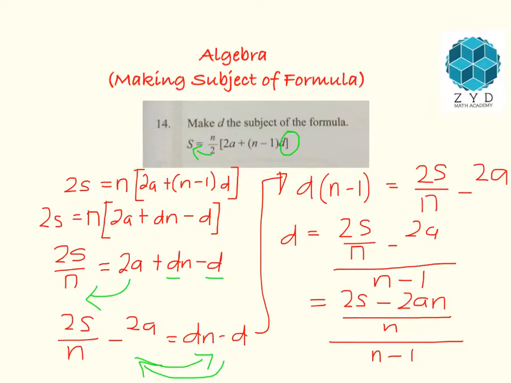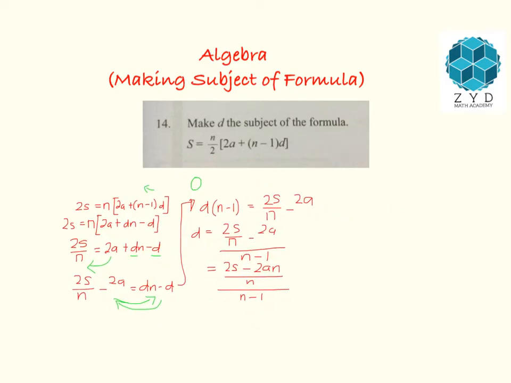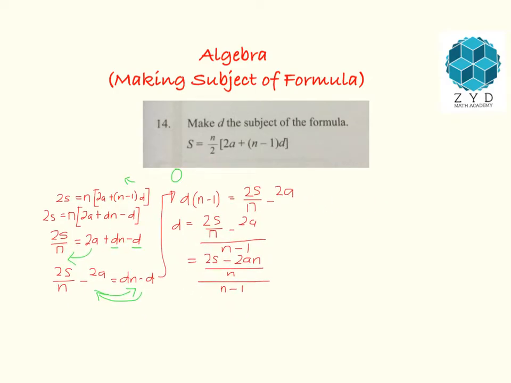Okay, so now let us shrink this equation so that I will have some space, and this eventually becomes d is equal to 2s minus 2an over n times (n minus 1). Okay, yes, so this is my final answer for making the subject of formula for this example.